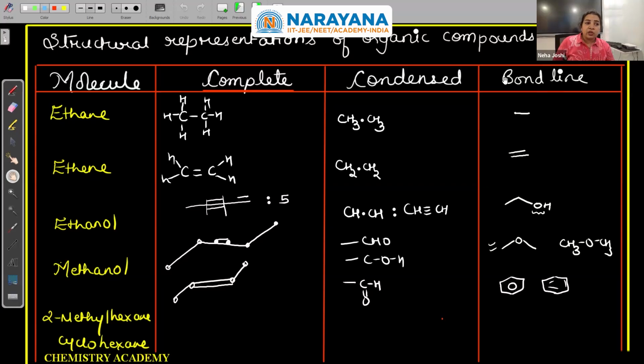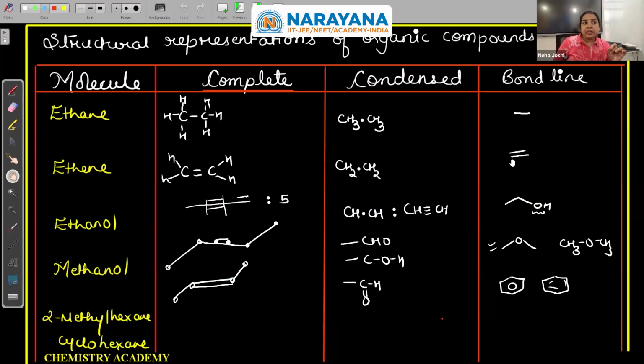So, bond-line notation. When we talk of bond-line, we do not write carbon and hydrogen; we write simply the bonds between those atoms. But if there is any atom other than carbon and hydrogen, then we do write it as a proper atom. For ethane, I'll just put a stick.